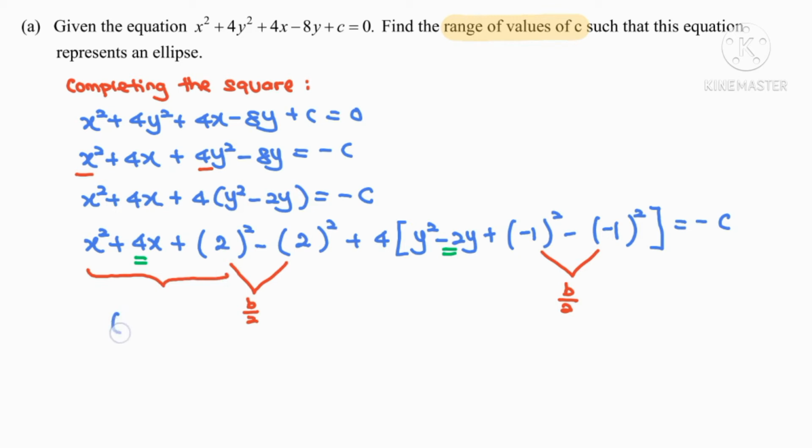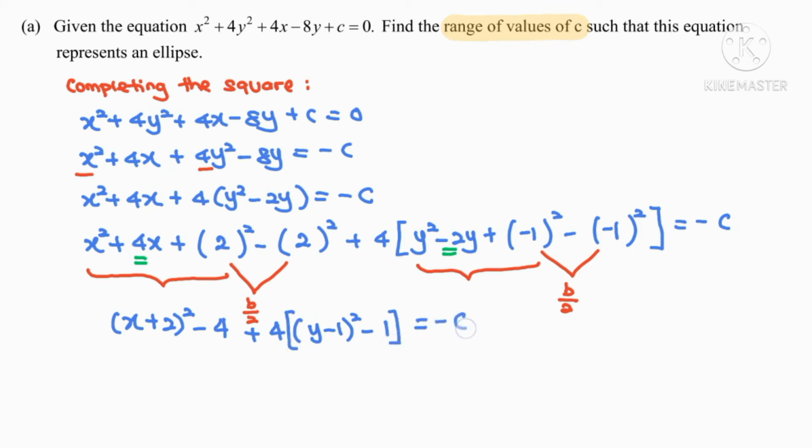So we have x plus 2 squared minus 4 plus, same here, we can factorize the first three terms. For the y terms we have 4 times y minus 1 squared minus 1, equal to negative c.